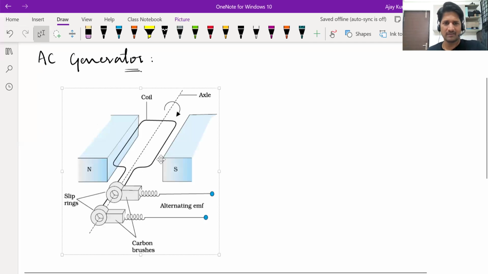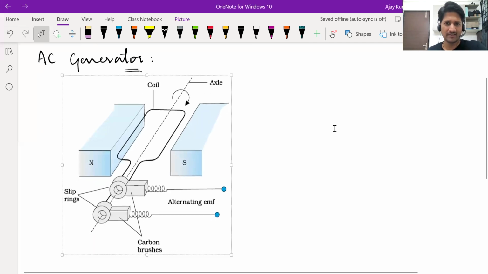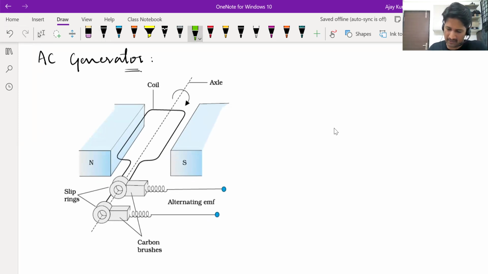It works on Faraday's law. The principle is Faraday's law actually. So there are permanent magnets, and the permanent magnets are used to produce a magnetic field, of course. And in that magnetic field, a coil is made to rotate.